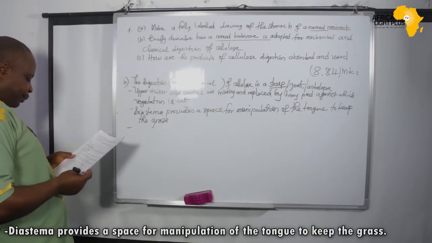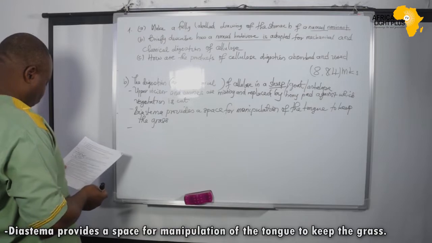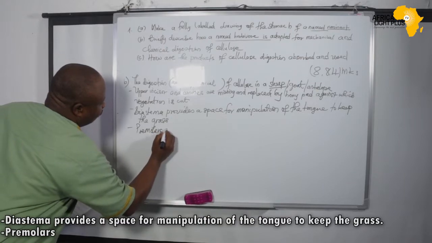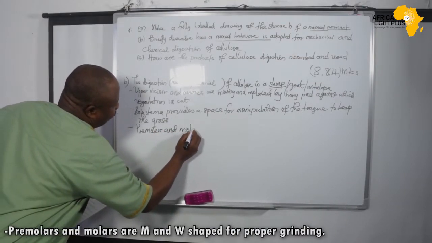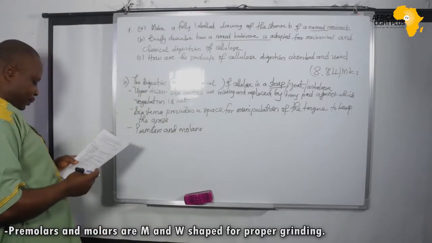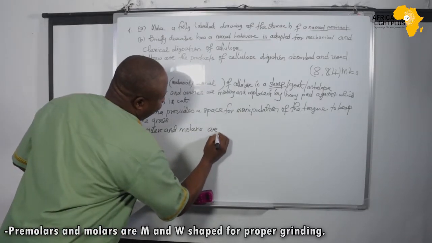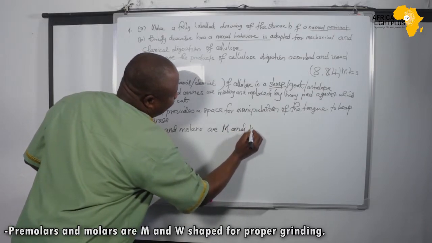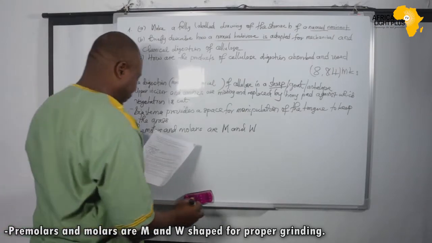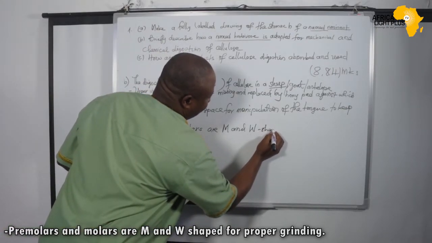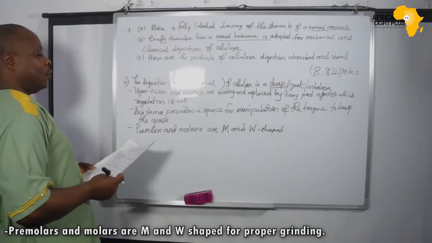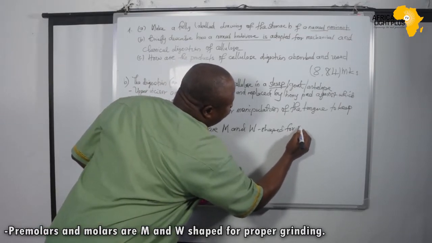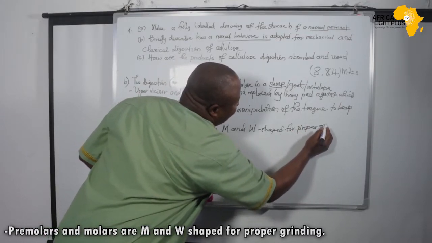Next point. Premolars and molars are M and W shaped for proper grinding.